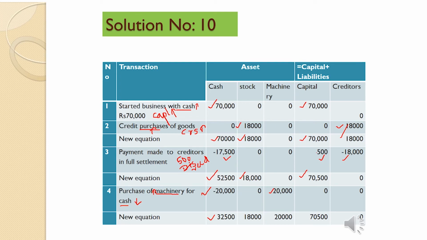So what is the net amount? 52,500 minus 20,000 is 32,500. 18,000 is the stock value, machinery value 20,000, and capital 70,500. Creditors value is 0. So this is the procedure for entering the transaction.